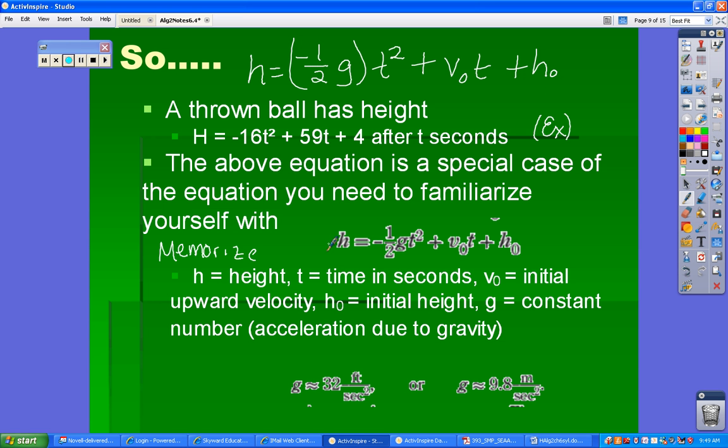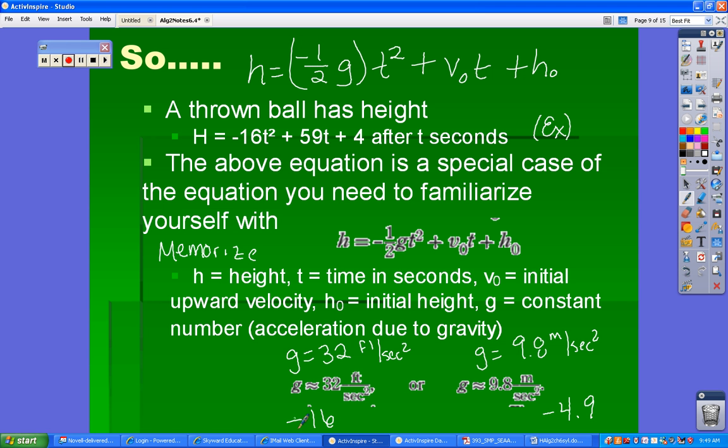Okay, so this g is always the same. Some kids just remember 32, this is feet per second squared, or g equals 9.8 meters per second squared. When you take negative 1/2 g, the numbers that are going to show up in the equation are negative 16 and negative 4.9.